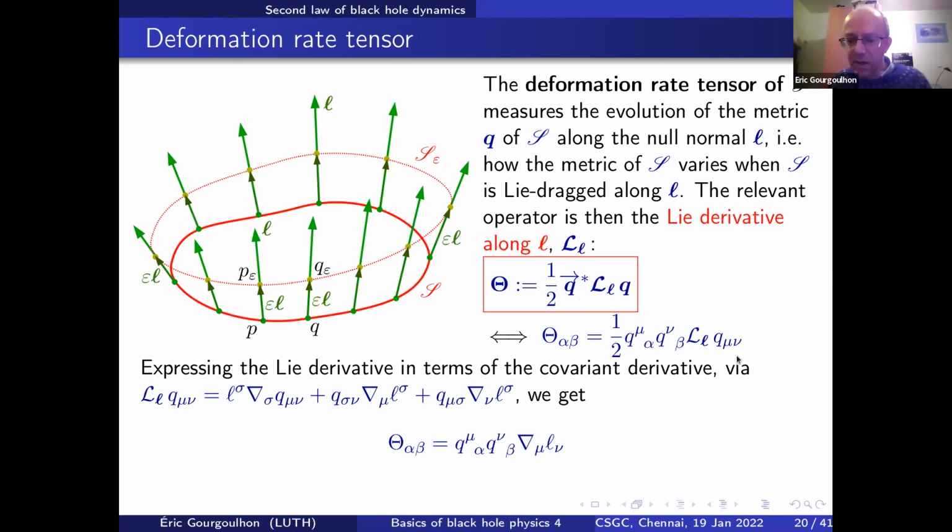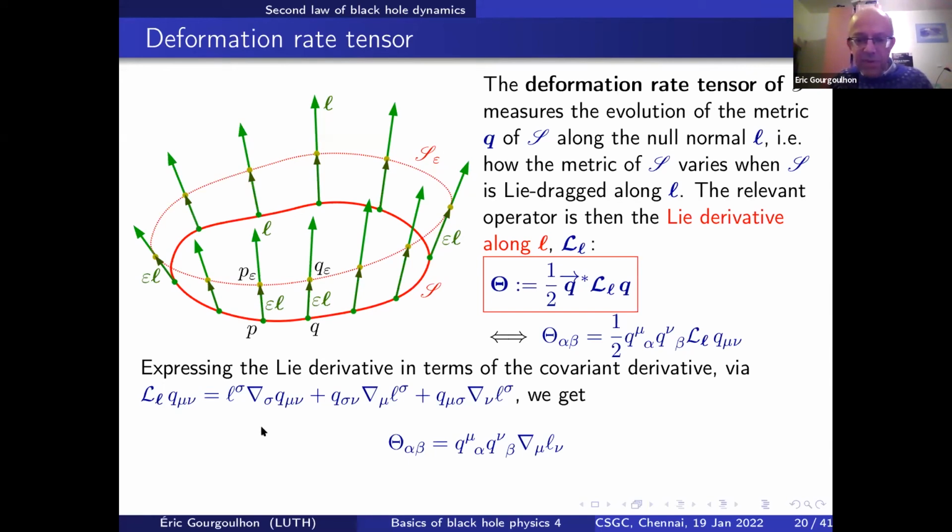So in terms of components, this is this. We take the Lie derivative of the 2-metric and we project on the 2-surface. And there is a factor 1/2 for convenience. So this is really the evolution operator of the 2-metric. This is why we call it the deformation rate tensor, because it measures the evolution of the induced metric of a 2-surface.